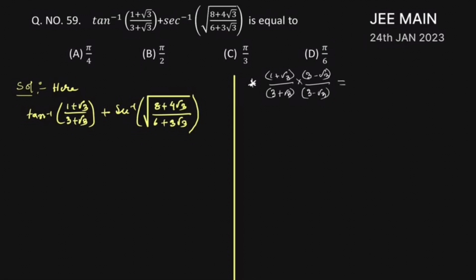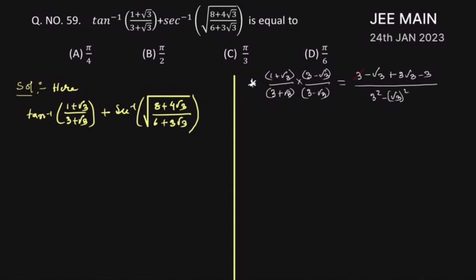If you simplify, then you will get 3 minus root 3 plus 3 root 3 minus 3, divided by, if you solve this with the help of (a plus b)(a minus b), which is equal to a square minus b square, this we are able to write as 3 square minus root 3 square.